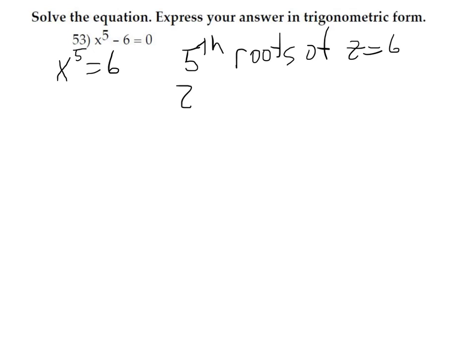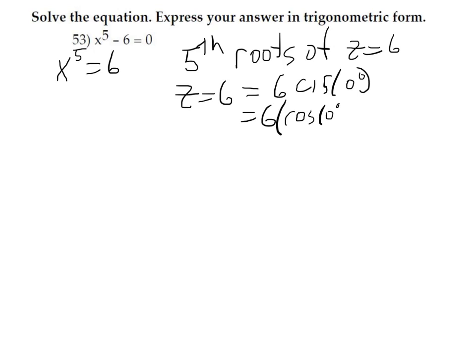Now z equals 6 is in trigonometric form 6 CIS 0 degrees. This stands for 6 cosine 0 degrees plus I sine 0 degrees. This is because 6 is just to the right on the x-axis, so that's a 0-degree angle, and it's out 6 modulus.